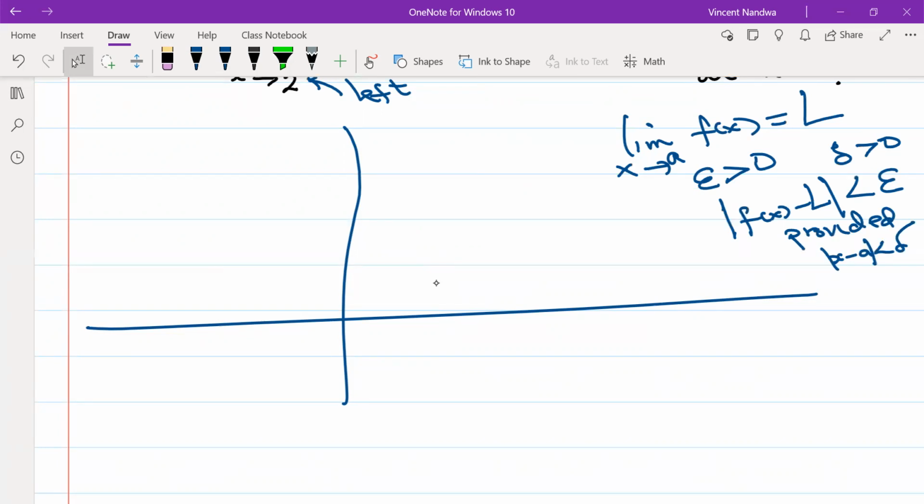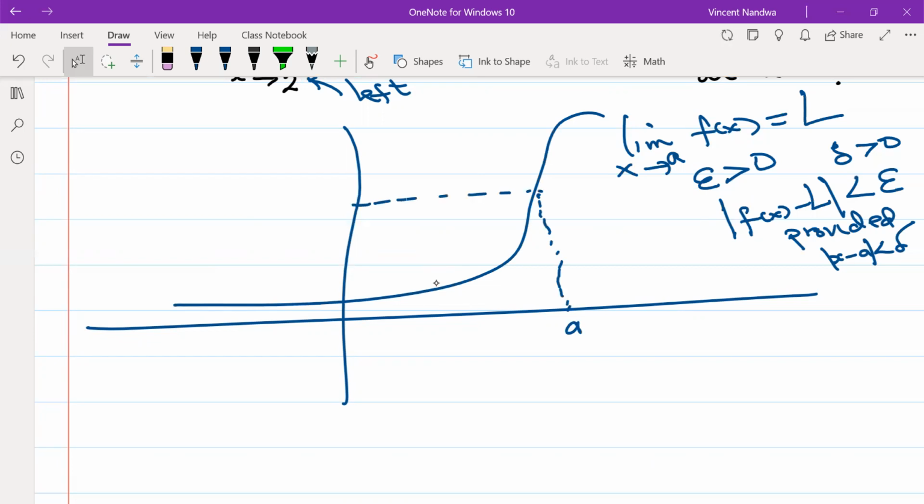And this is what we drew: if you have an arbitrary function, there is a point you are calling A, then L is read on the y-axis. So the limit value is read along the y-axis. Okay?